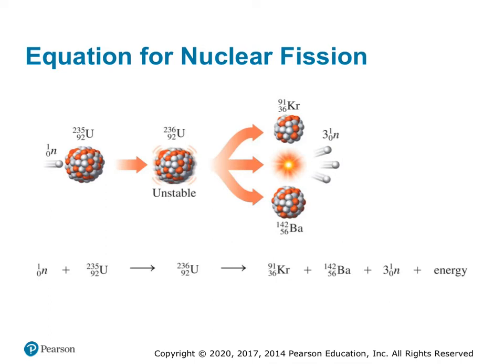Here is the equation for nuclear fission. Here we have the uranium-235 getting bombarded by the neutron.